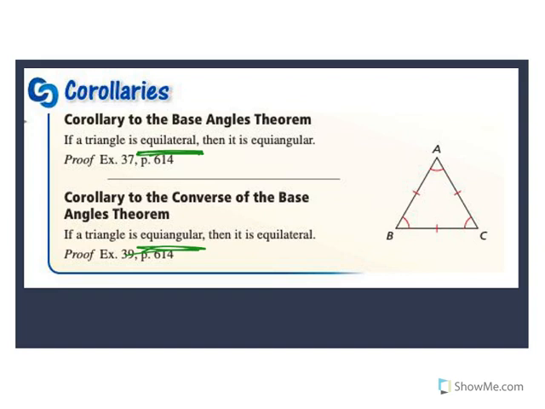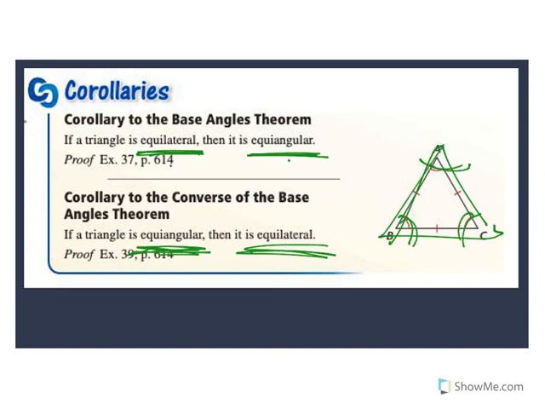It is saying that equal angular and equilateral are synonymous almost. So if it's equilateral, then it's equal angular. If it's equal angular, then it's equilateral. So if all the sides are the same, then all the angles are the same, and vice versa. If all the angles are the same, then all the sides are the same.